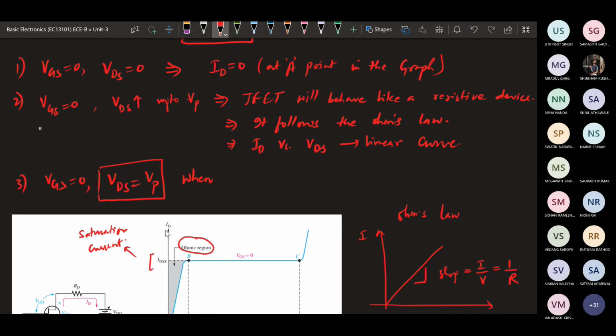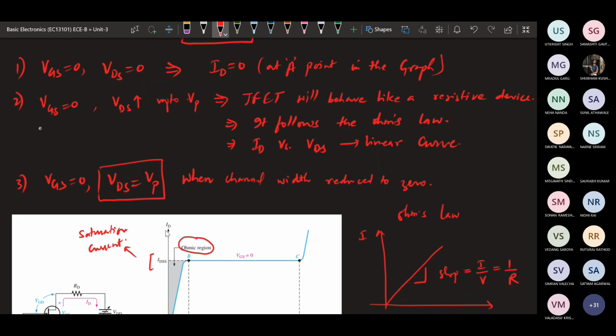Okay, so here when pinch off occurs, this is the time when the channel region, or channel width, we can call it, is reduced to 0.